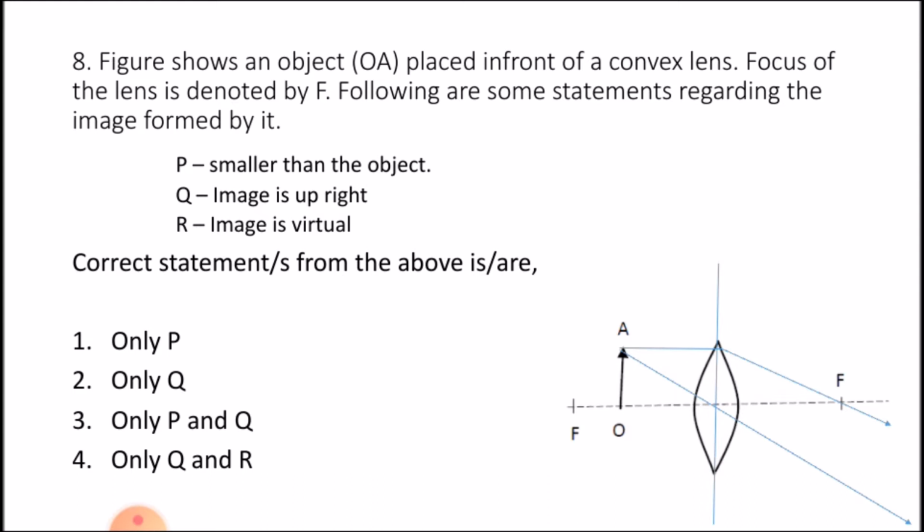But here we can see these refracted rays are not converging. That means these two rays appear to converge. So we can extend these rays in the backward direction, or the direction opposite to the direction in which the light ray passes.